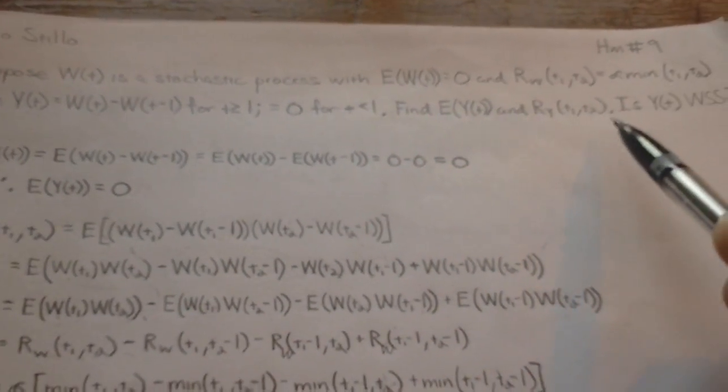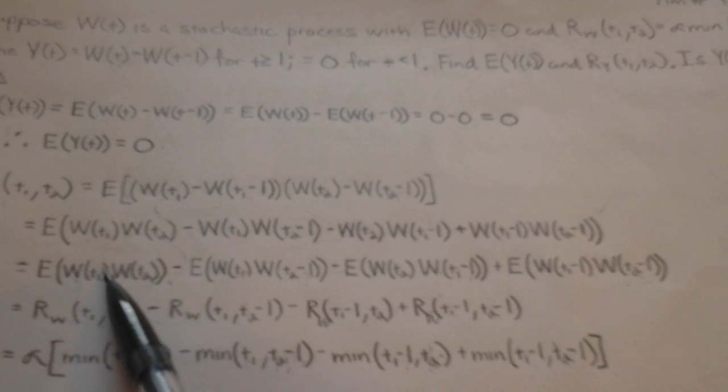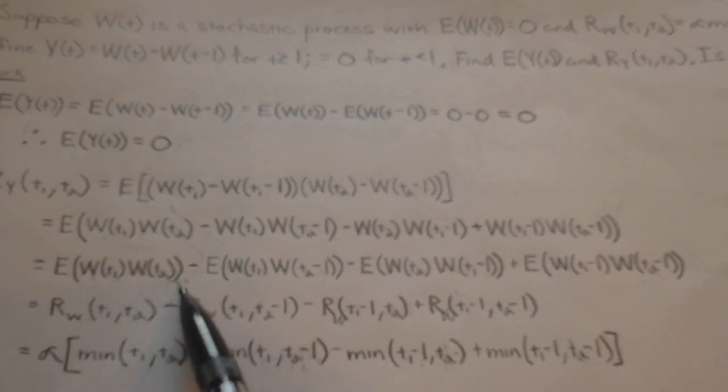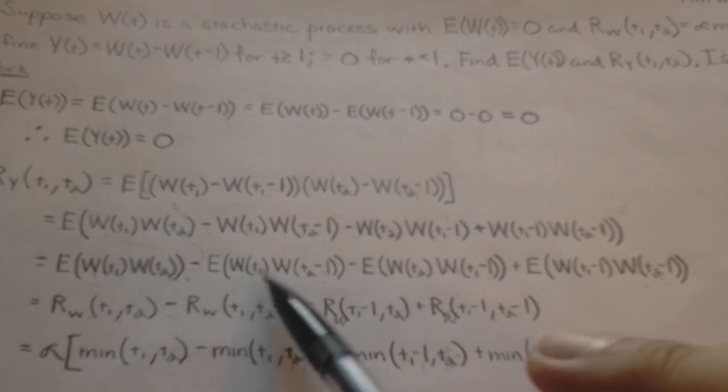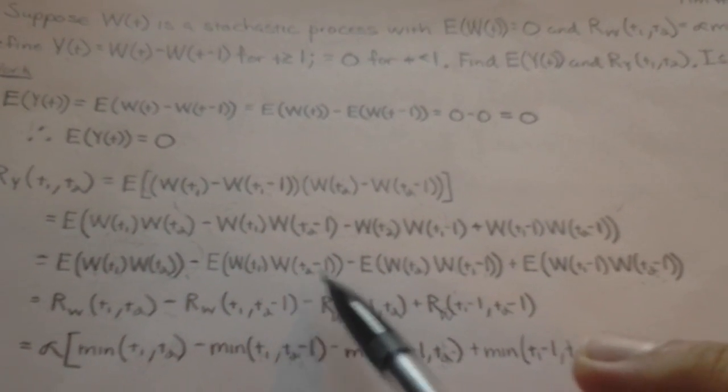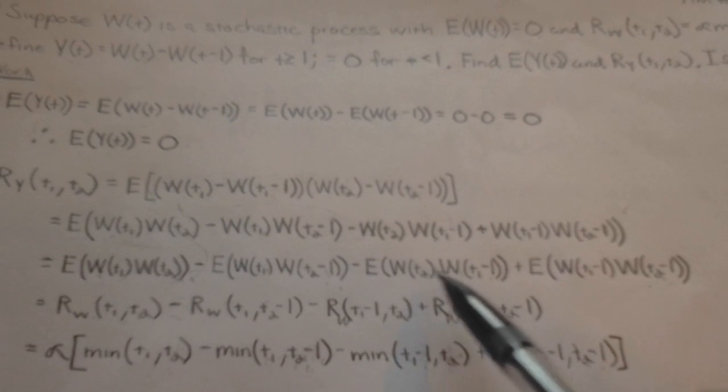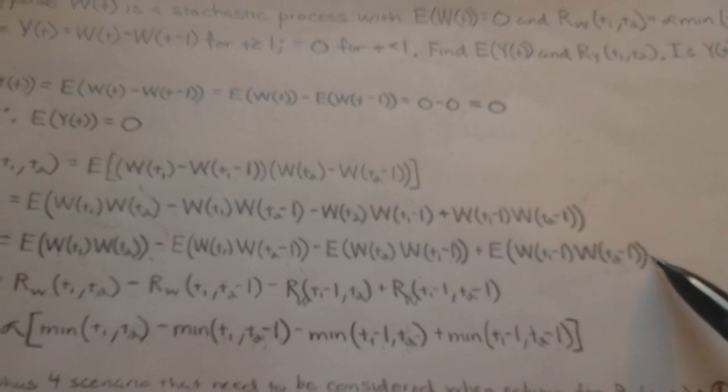Now, using our definition right here, we can see how each one of these terms is just an autocorrelation at different time points, all in terms of W. This is an autocorrelation at time points t1 and t2, then at t1 and t2 minus 1, at t2 and t1 minus 1, and at t1 minus 1, t2 minus 1. So we can break this down accordingly and write it like here, as follows.